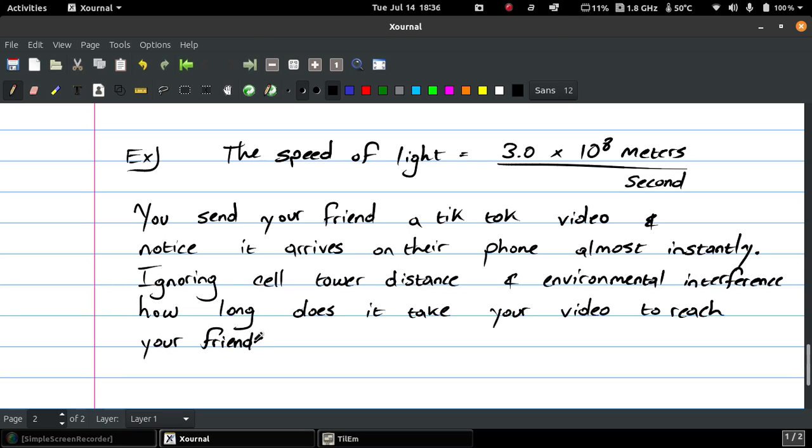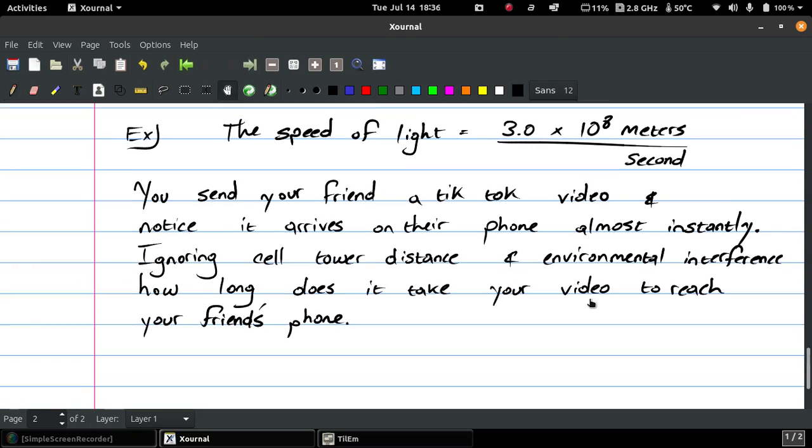And I'm going to make another note. Okay, so you send your friend a TikTok video and notice it arrives on their phone almost instantly, ignoring cell tower distance and environmental interference. How long does it take your video to reach your friend's phone?